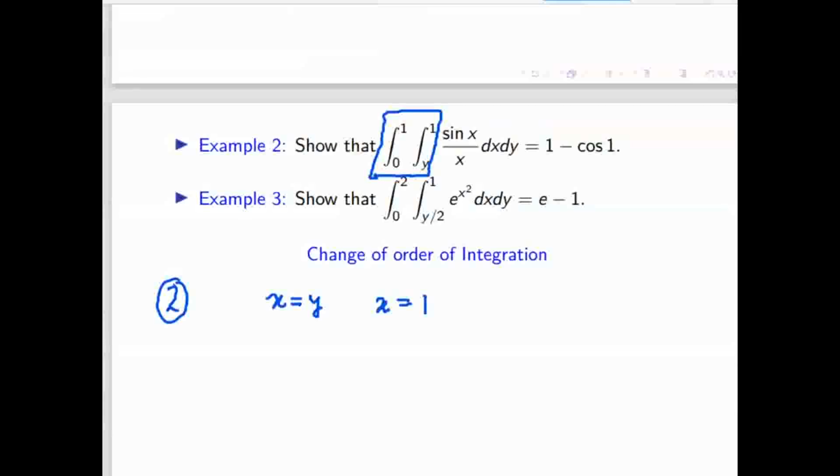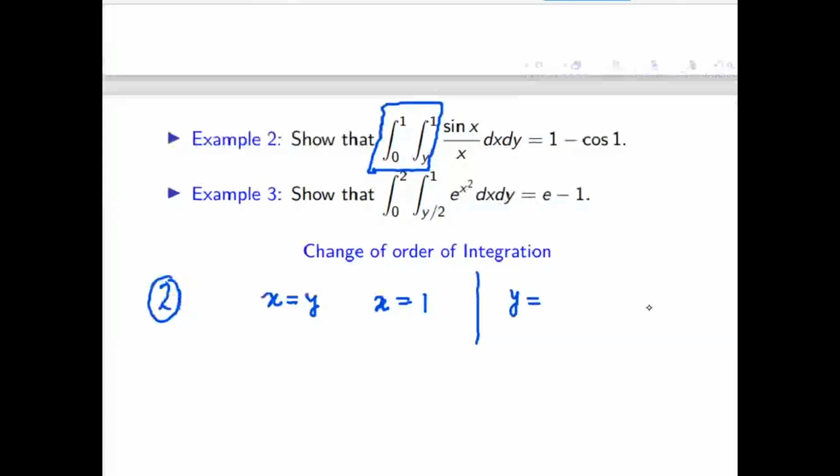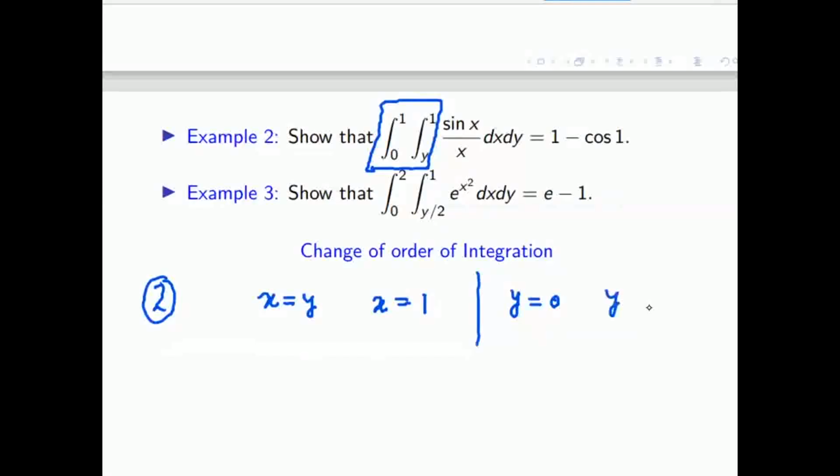Similarly for y, the lower limit is 0 and the upper limit is 1. With these limits given, we will draw this and see in which region we are integrating, and based on that region we'll change the roles of x and y, and then we can change the order of integration. So first I will draw this picture.